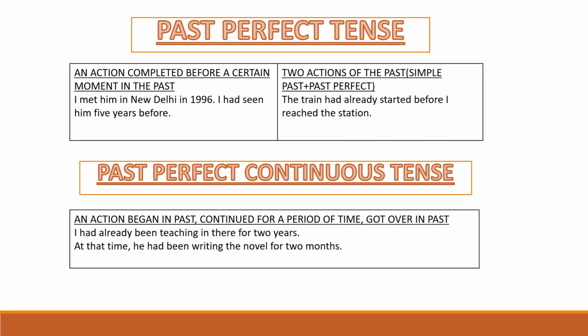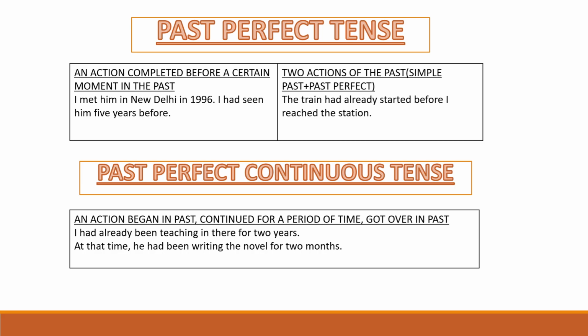Now, the second example, at that time, he had been writing the novel for 2 months. Now, the person had started writing the novel 2 months back, continued writing for 2 months, and finished also writing the novel in the past itself, means that action is not going on.